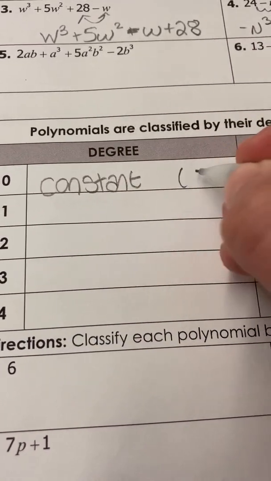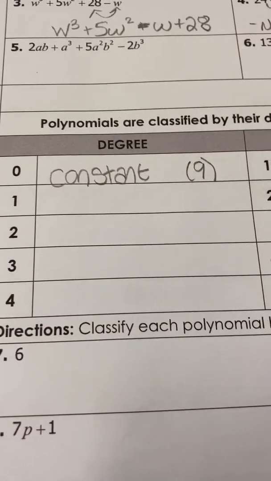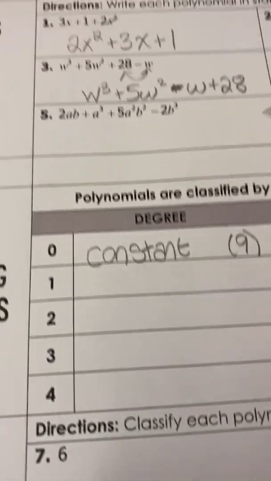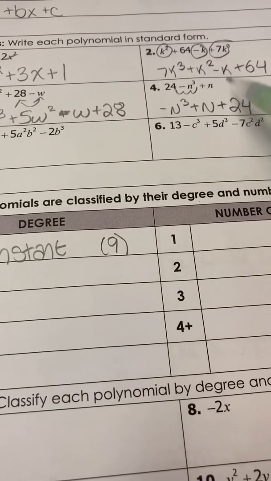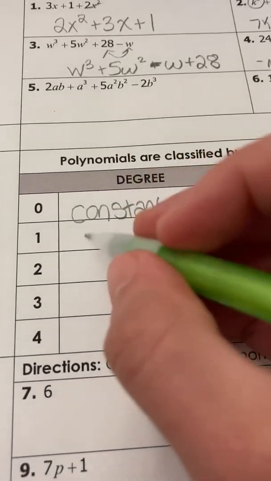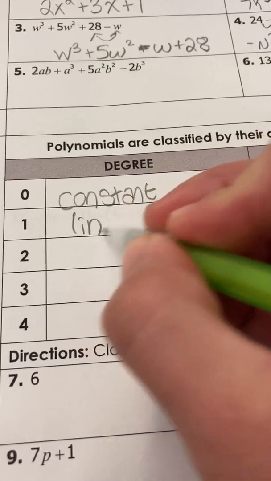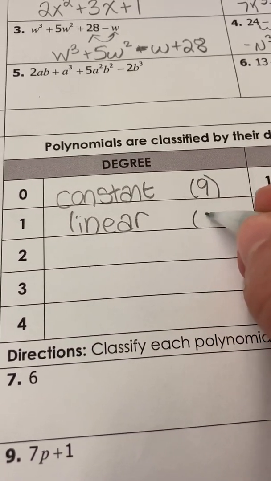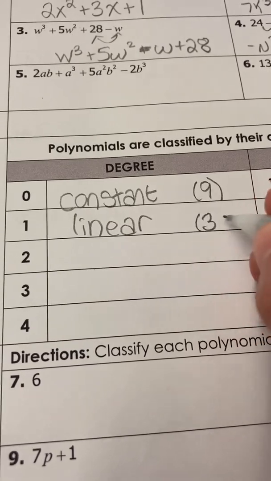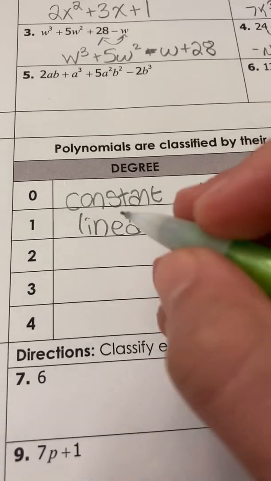So you can put like a little example here, like just number 9 would be constant. All of these ones that have like a 1, imaginary 1 as the exponent, those are called linear. And that would look like, you know, just the letter, or maybe it has a coefficient, so maybe just like 3x, that would be linear.